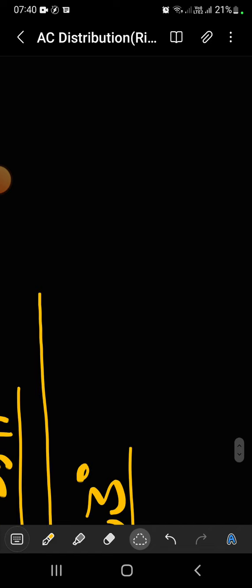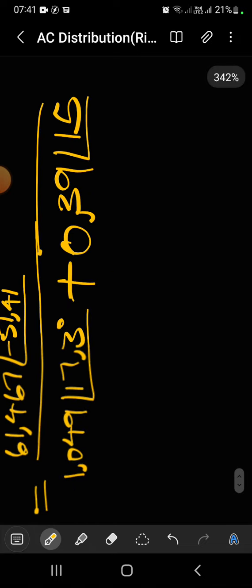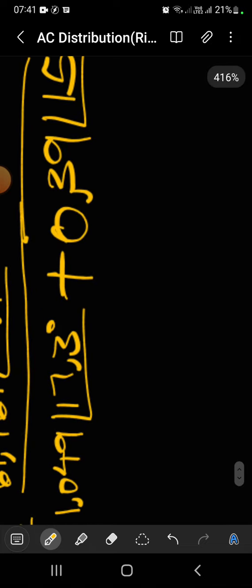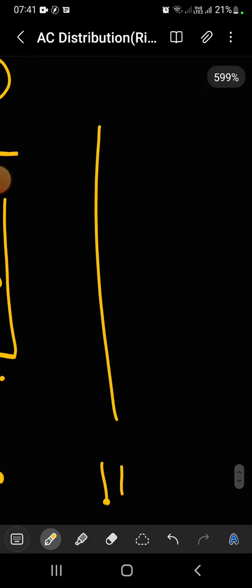We're going to add that with our distributor resistance, that is 0.39 at an angle of 15 degrees. Okay, cool. So I'm not going to repeat the voltage or the numerator. I'm now going to sort the denominator.